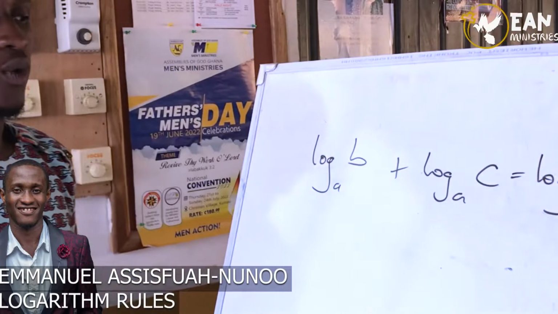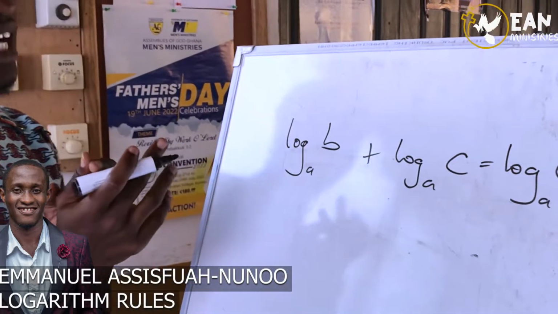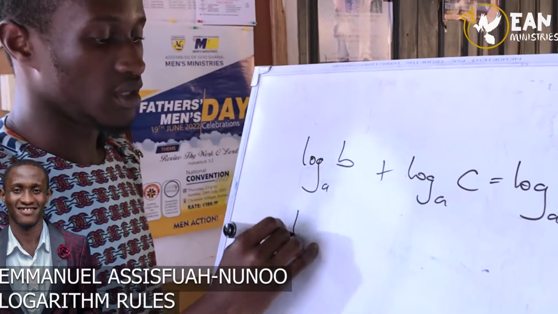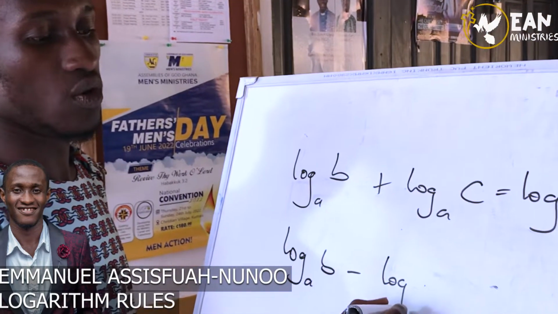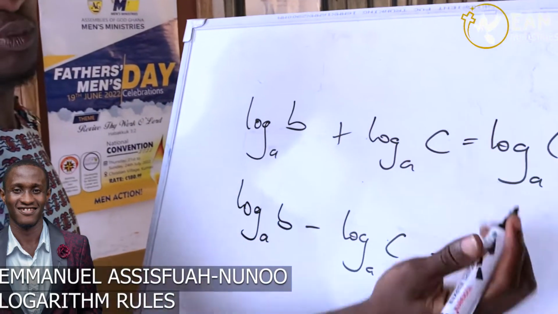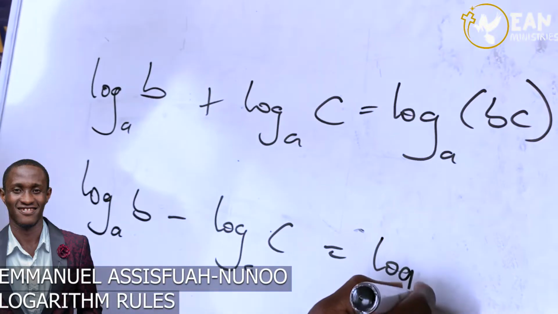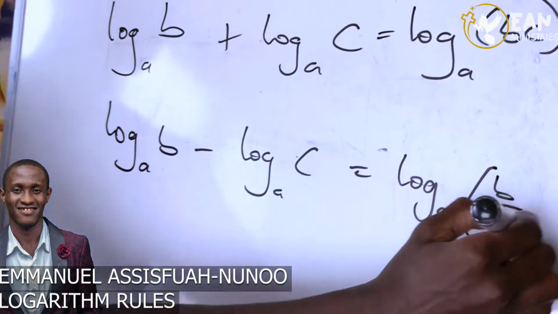Now, since we've done that of addition, let's look at the opposite. If I have minus, then, if addition is multiplying, the minus obviously will divide. So I have b over c.